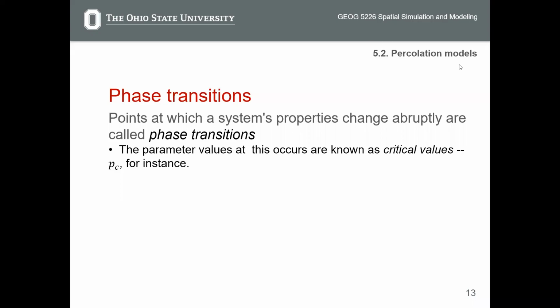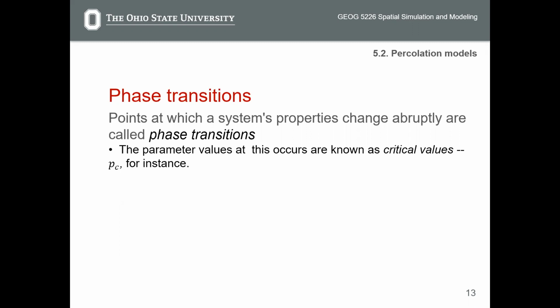Okay, last time we talked a lot about the value of PSA, the threshold for percolation models, right? So here in this video, I want to start with another concept. It's called phase transition. A phase transition point is a point at which a system's properties change abruptly.